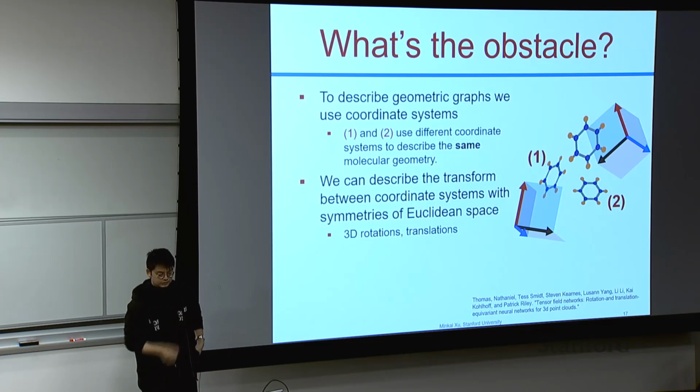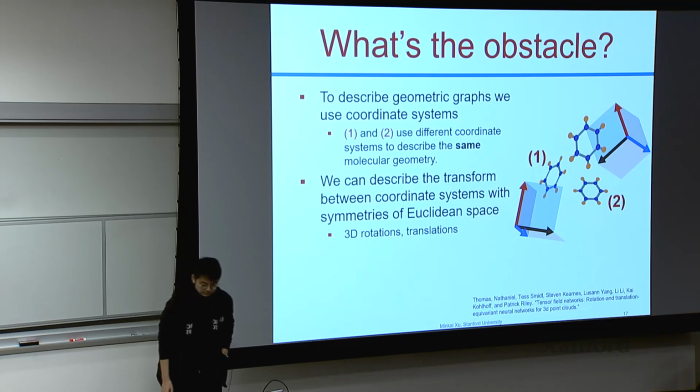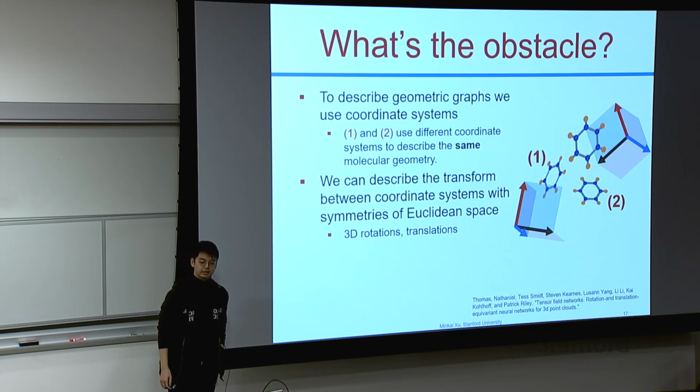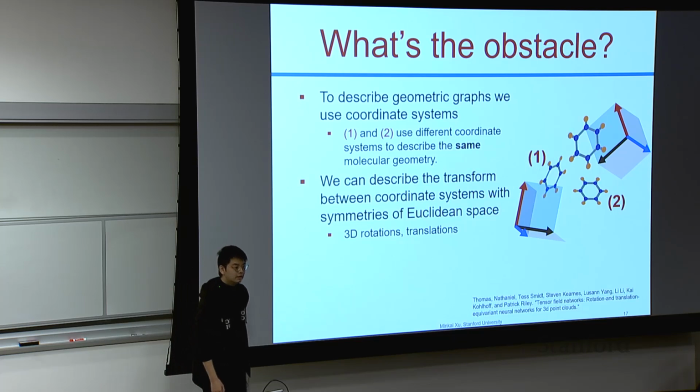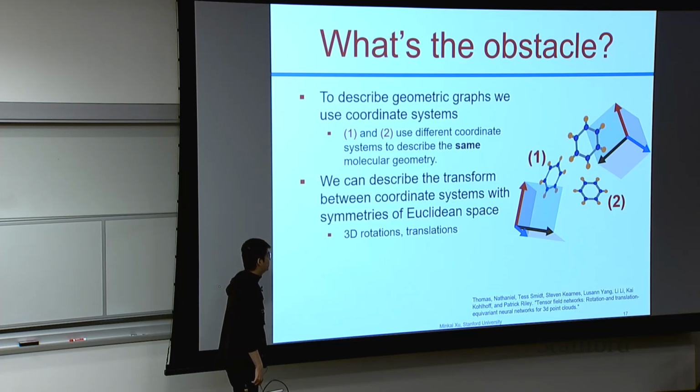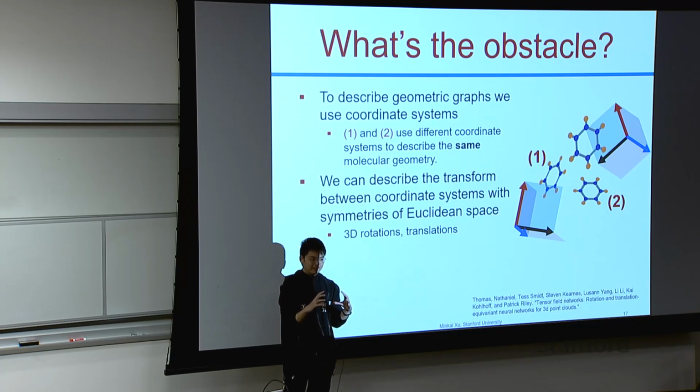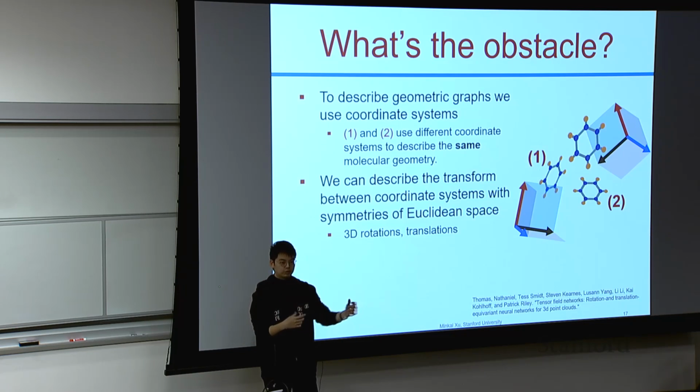Okay, so here I want to formally chat about the obstacle or difficulty of this area. Formally, we have a structure here, but we don't know how to construct our coordinate system. We have multiple different ways to construct a coordinate system, and then the coordinates of the current geometry will be different.